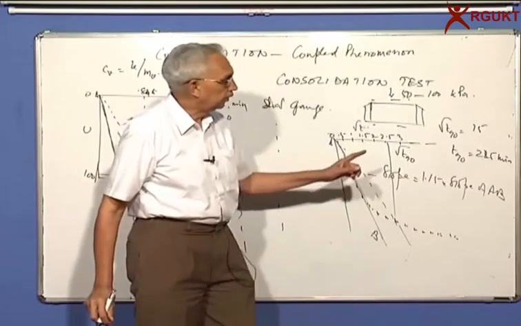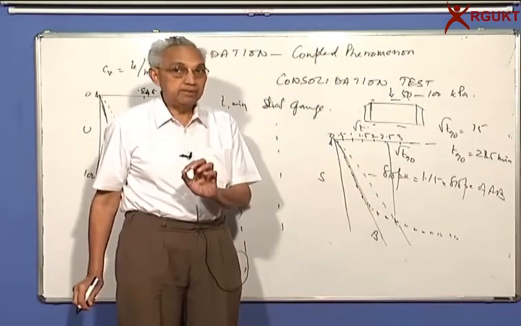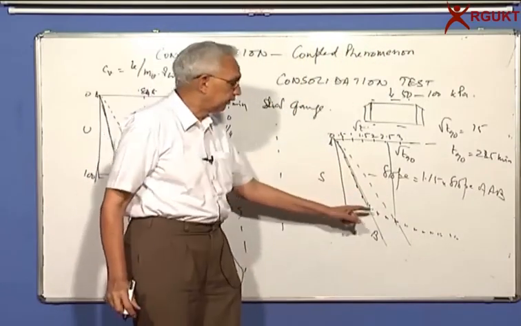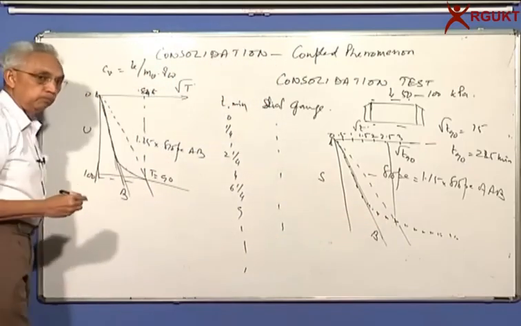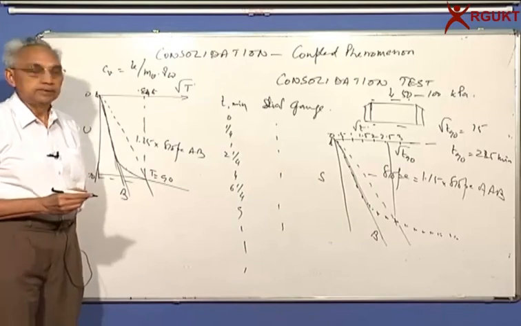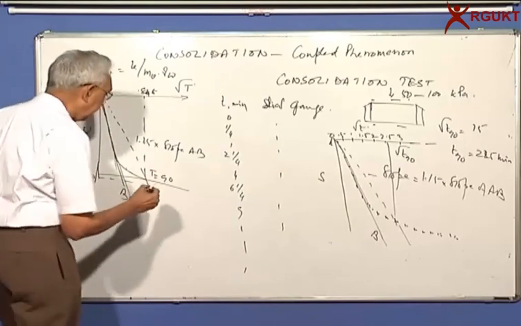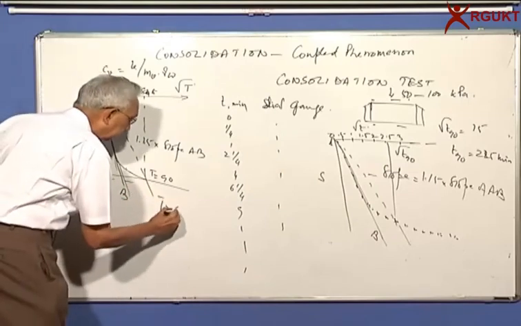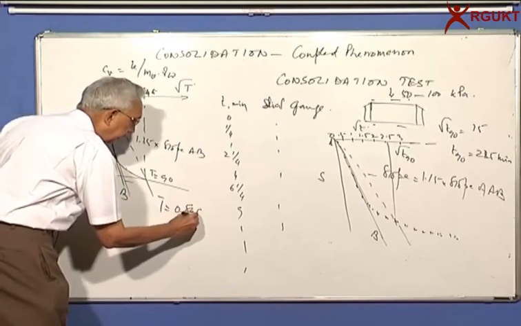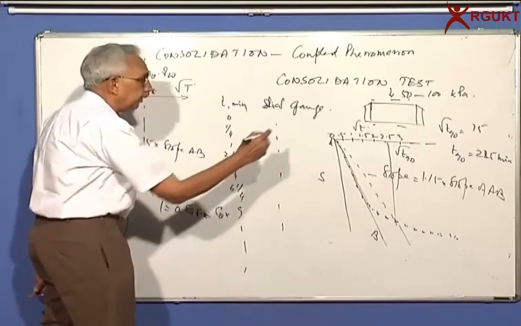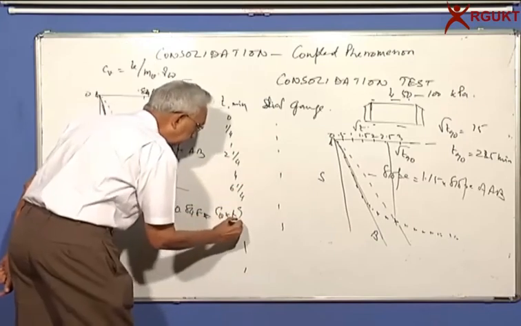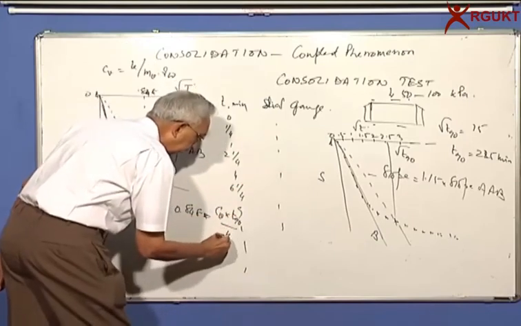So you have found out the real time for 90% degree of consolidation, and we know that the time factor is equal to 0.848. So you say T is equal to 0.848 is equal to CV into real time T90 by h square.